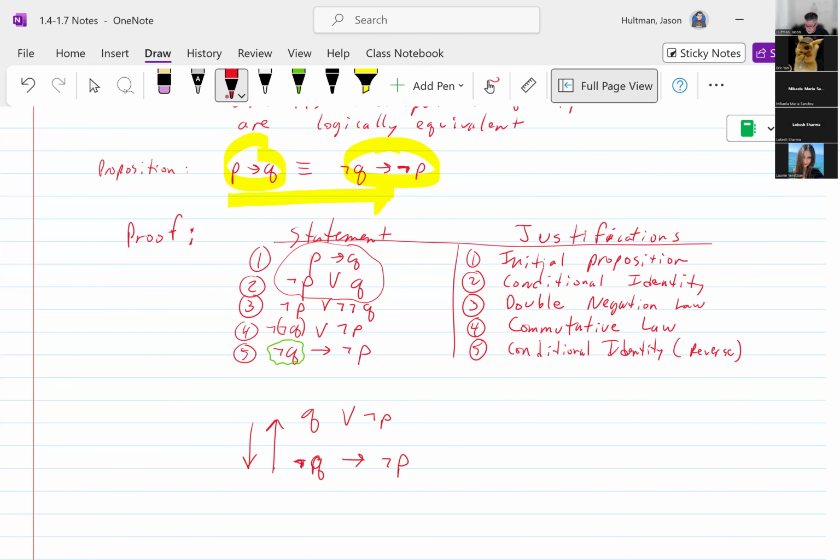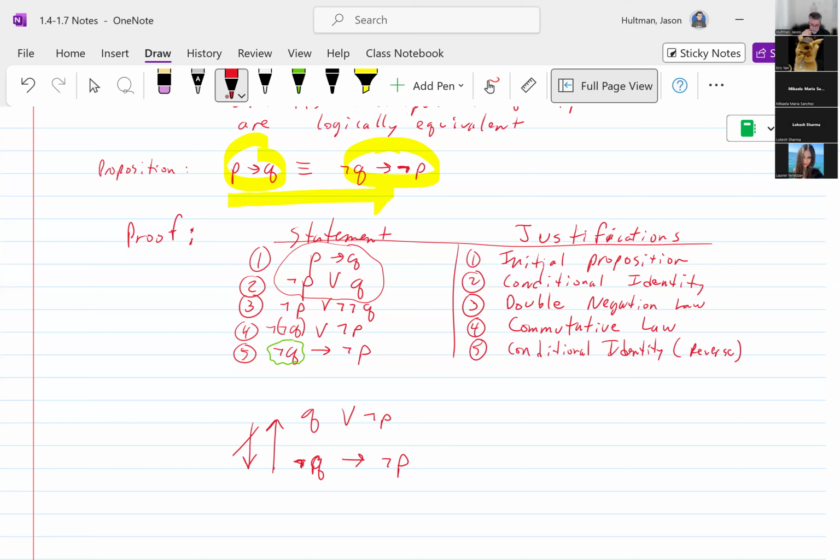I don't think it works going forwards. No, that's what we're trying to show, right? Yes.